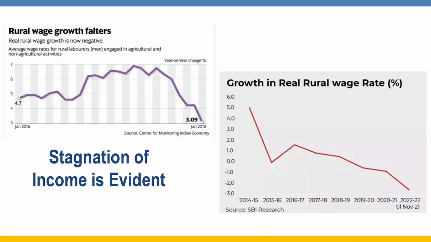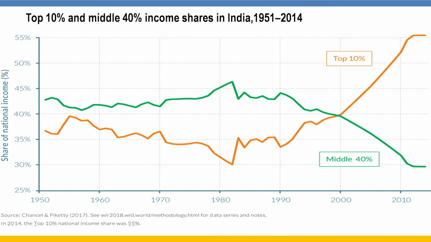Because of which we have seen this kind of a distribution. I have given this picture just to show how the top 10% and middle 40% income shares changed from 1951 to 2014, and you see that the green curve is falling, which indicates the middle level income of 40%, and the saffron curve, that is the top 10% people, is increasing.